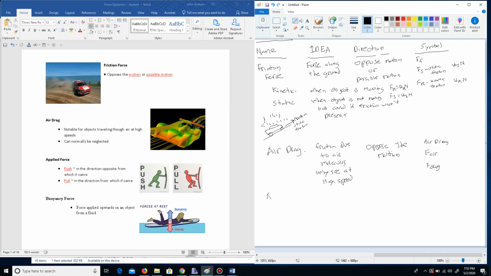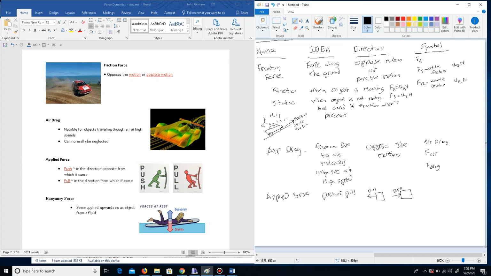Then the applied force. These are just any kind of push or pull. Push is if it's in the direction opposite from which it came, so you're pushing on that door. Pull is if it's in the direction from which it came, so you're pulling back. So you can have it kind of be like this, that would be a pull, or you can have it like this, that would be a push.